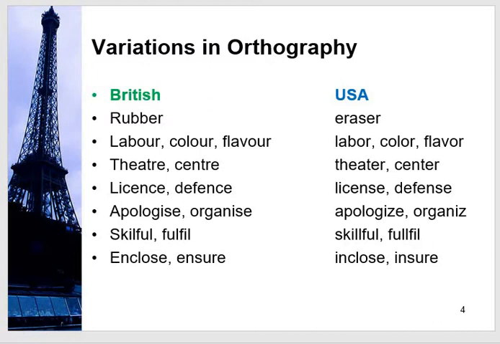Labor, color, flavor: British use OUR at the end, while Americans have removed the U, so labor, color and flavor are without U. Theater, THEATRE, and center, CENTRE, while Americans pronounce it THEATER and their spelling is CENTER.